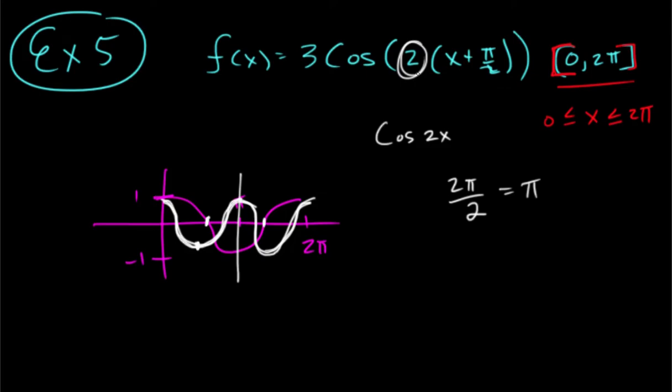Now, the next thing we're going to tackle is this plus pi over 2. And that works counterintuitively, so it's going to shift it to the left by pi over 2.